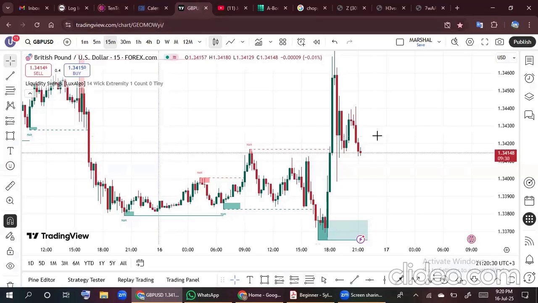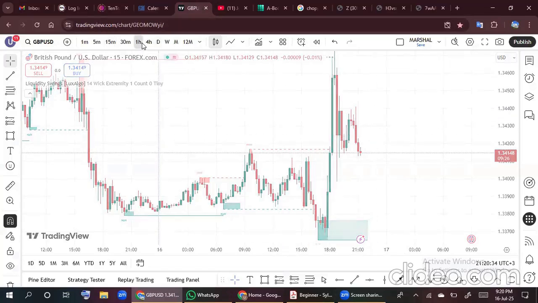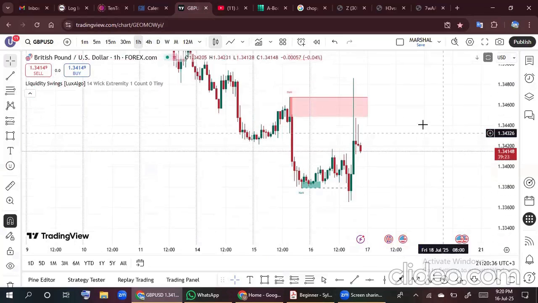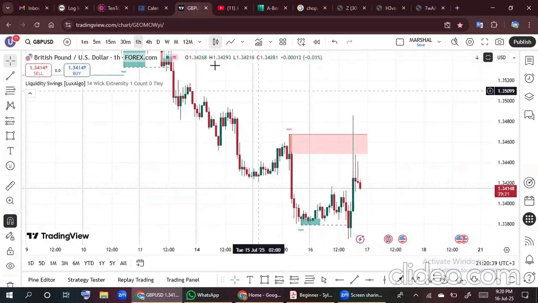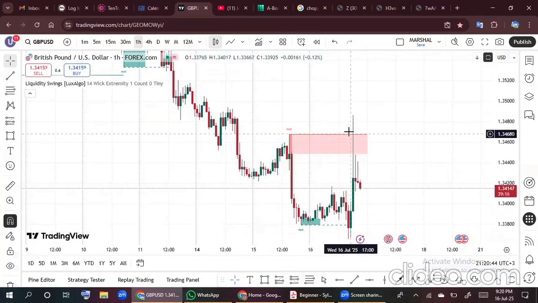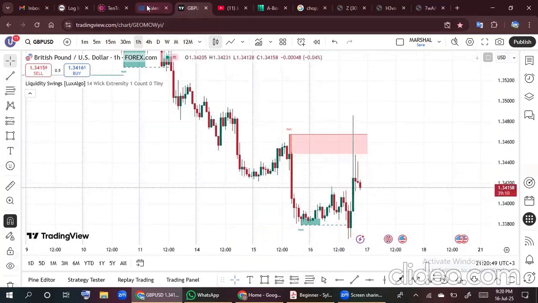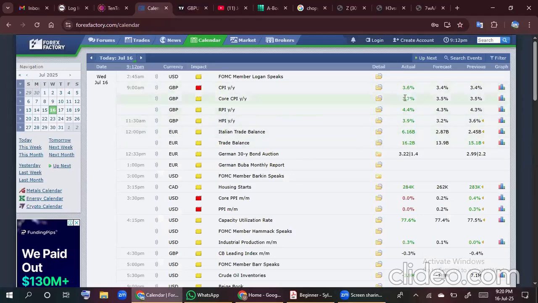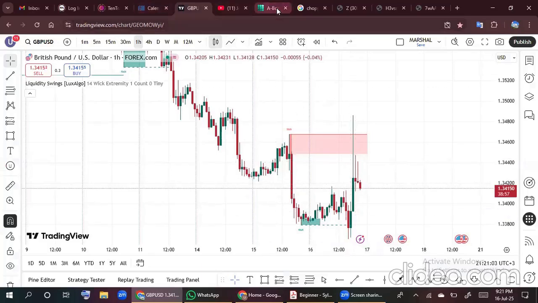So for example, we should be expecting some more buys for GBP USD from this point onward. Normally, when there is a news event, you will see movements like this. But when the market is calm, it begins to tilt towards the direction of the news. So GBP USD is good at the moment. At least from now to the end of the week, you might see a little bit more buys.